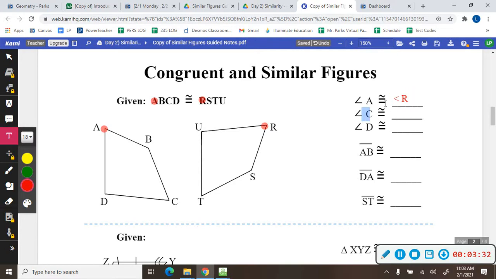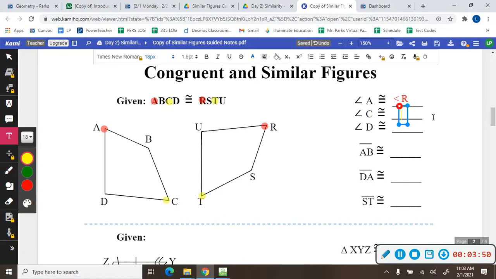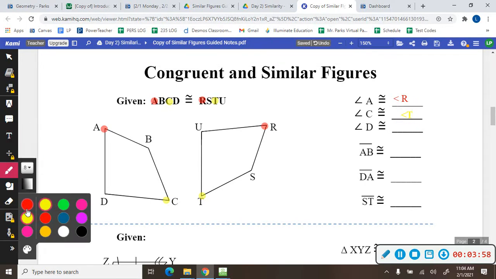Okay. Angle C is in the same spot as T. So C is in the same spot as T, so they're congruent. So C and T are congruent. AB is in the same spot as RS.